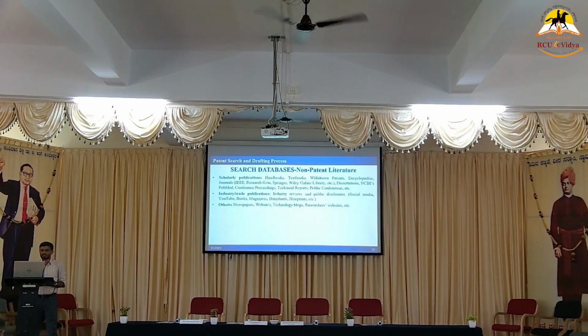And in the search databases, non-patent literature. I told you, once you receive a FER, they don't do a search only with respect to the patent, whether the same patent is already available or not. They also search in handbooks, textbooks, encyclopedias, technical reports, conference proceedings, industrial reviews, data sheets, blueprints, magazines, websites, newspapers, everything.